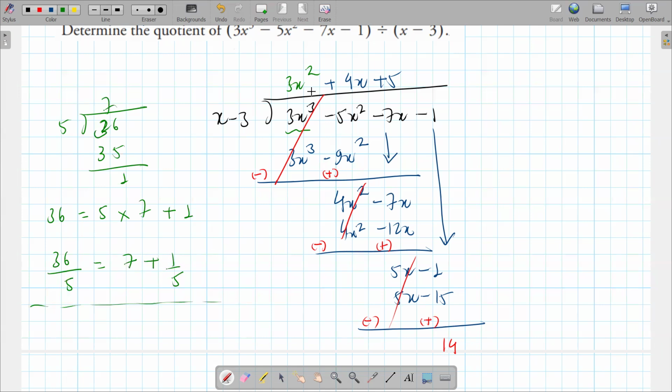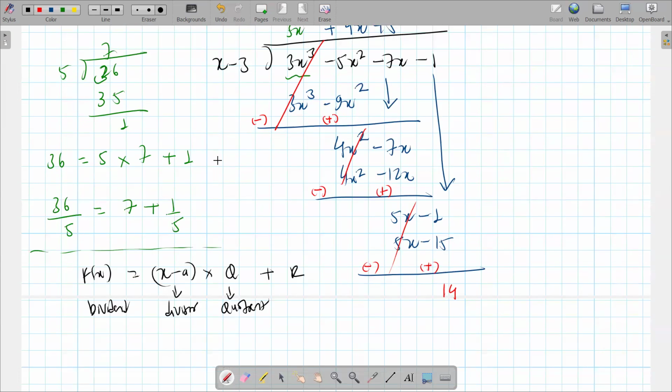Similarly, these long division things, you can either write this as your f of x, your dividend, is equal to x minus a, your divisor, times q, your quotient, plus remainder. So this would be this form. That's one way you can write this.